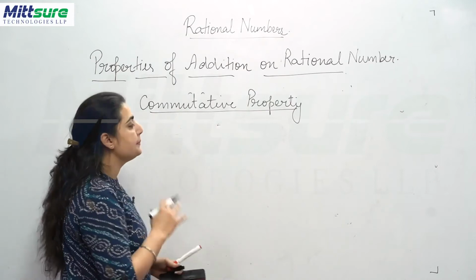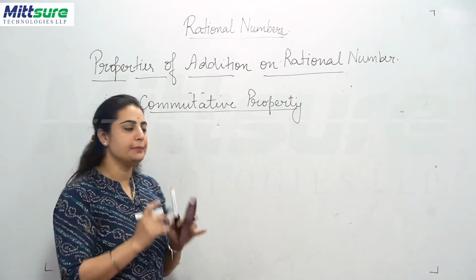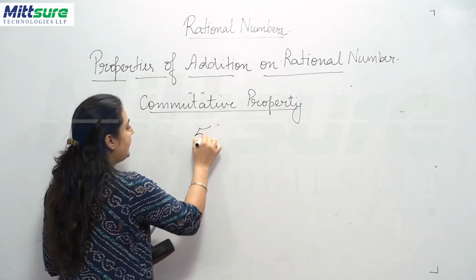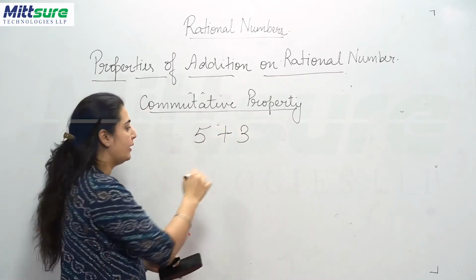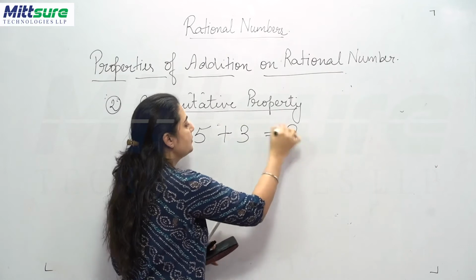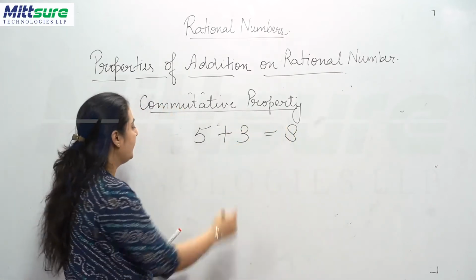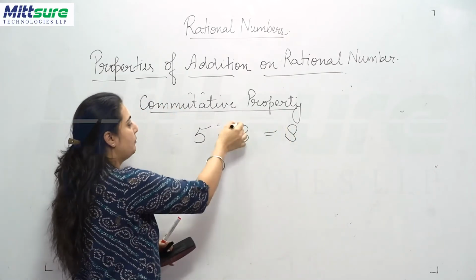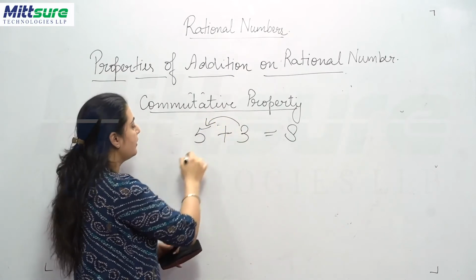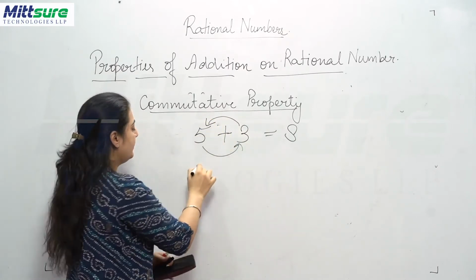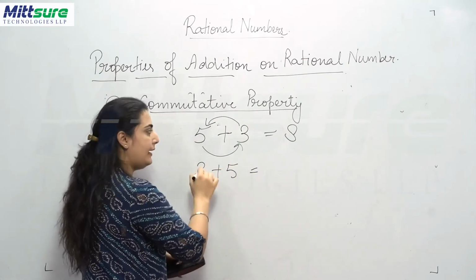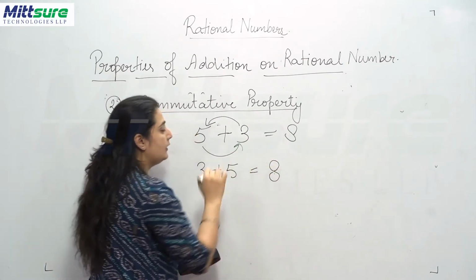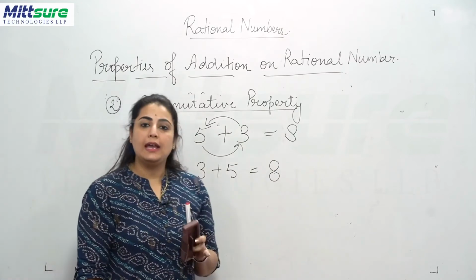Let's take a very simple example with some other numbers first. Suppose I take 5 and I add 3 to it. What is my result? The sum comes to be 8, right? Now if I interchange their positions, I shift 3 here and 5 there, then it becomes 3 plus 5. After adding them, again, the sum comes to be 8.